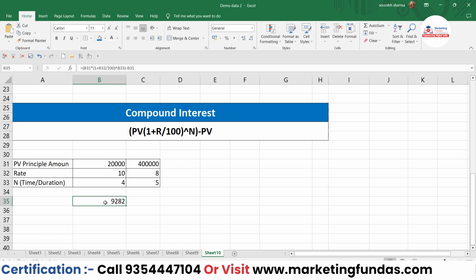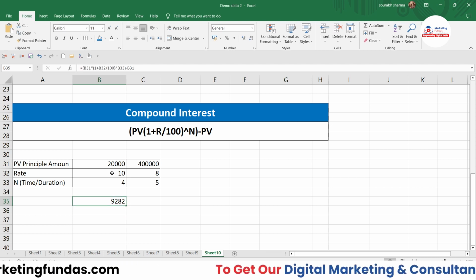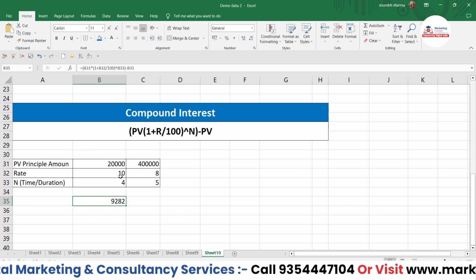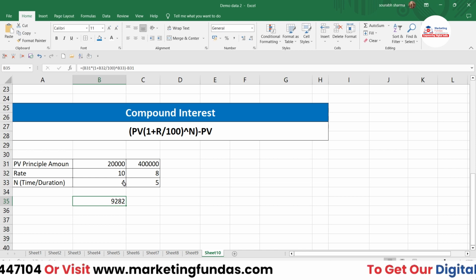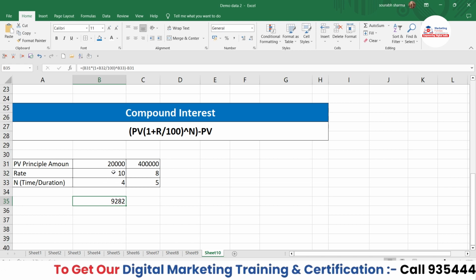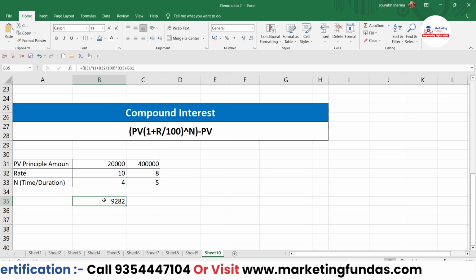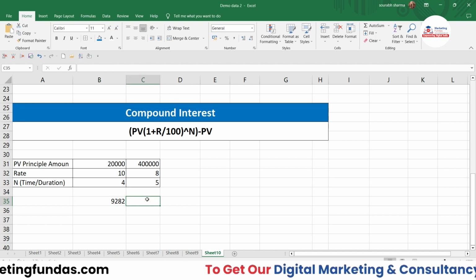And this is the compound interest, right? So the principal amount is 20,000, the rate of interest is 10, and the time duration is 4 years or maybe 4 months. I haven't defined it here, right? So after the time duration, the compound interest will be 9,282, right? And same goes with this one as well.